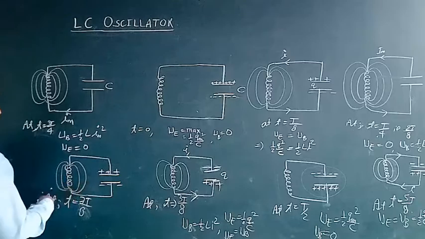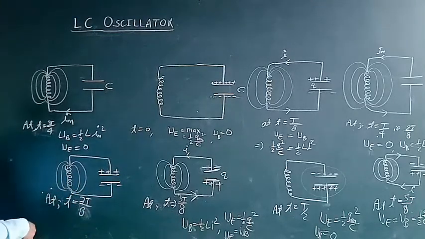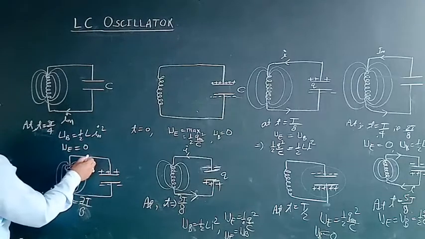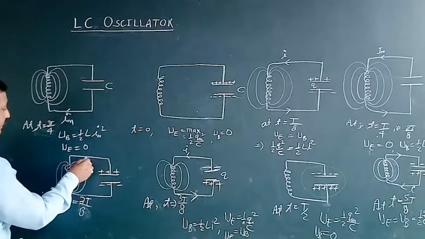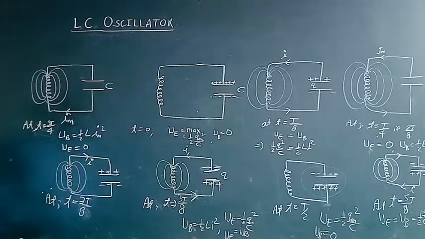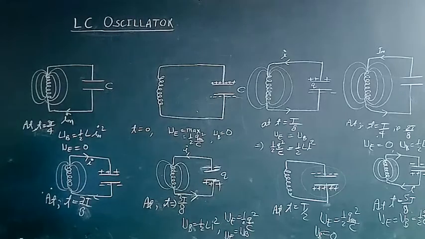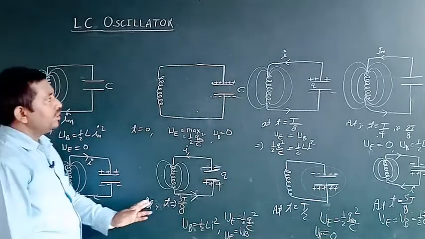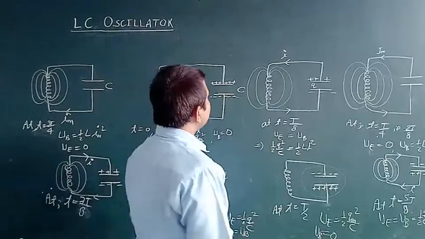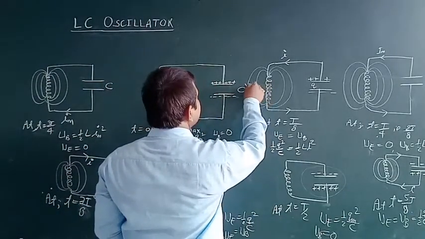Okay, so at any instant of time it is observed that the amount of current flowing through the circuit is I, and the direction of current is in this way. So what will be the direction of the electromagnetic field? The direction of the electromagnetic field will be in this direction.